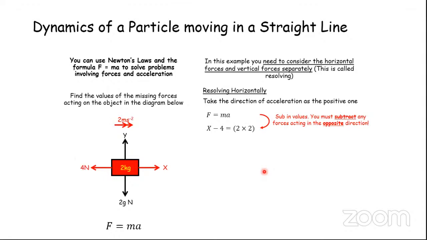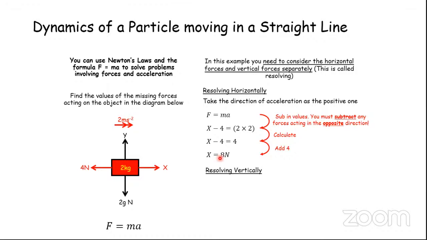It will be x minus 4, and it is equal to 2, because this 2 is the mass of 2 kilograms, times 2, which is the acceleration. So x minus 4 is equal to 4. Now this negative 4 crosses to the right hand side, and it becomes plus 4. And we finally get our answer as 8 newtons.